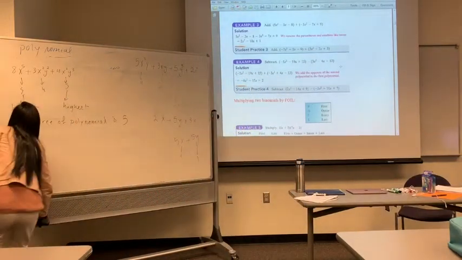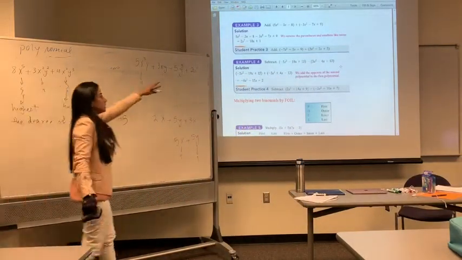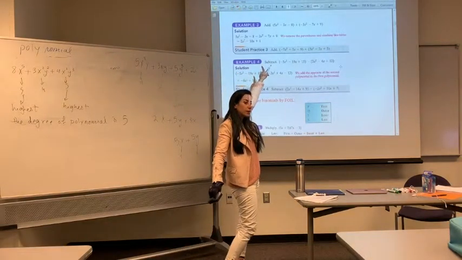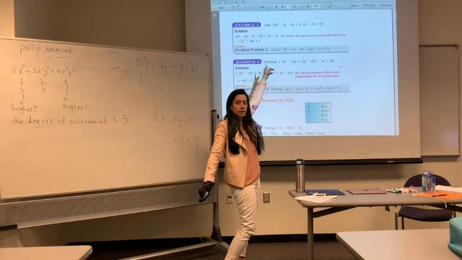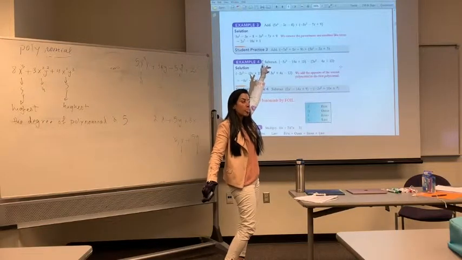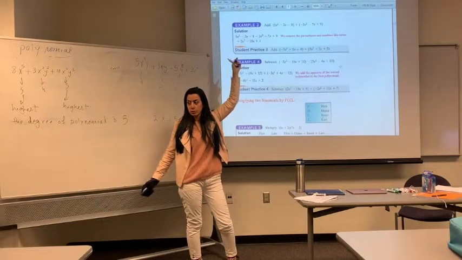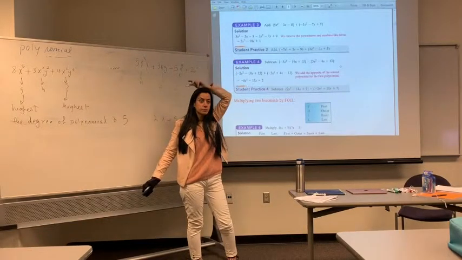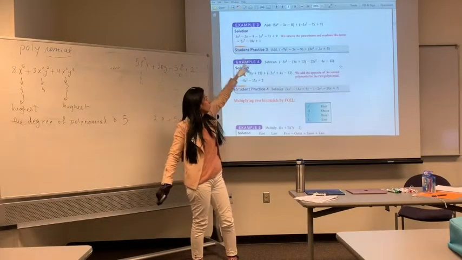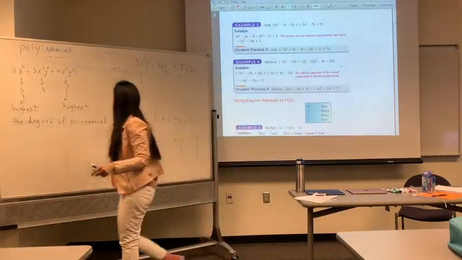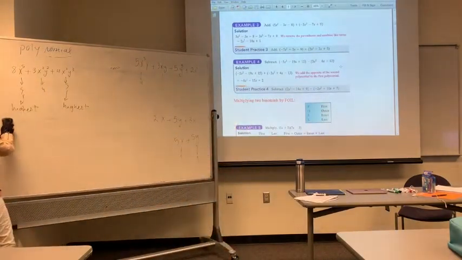Okay, so there are two parentheses here. The first one is a polynomial. How many terms do we have? 3. So what is the type of polynomial? Trinomial. What is the type of polynomial for the second one? A trinomial too.